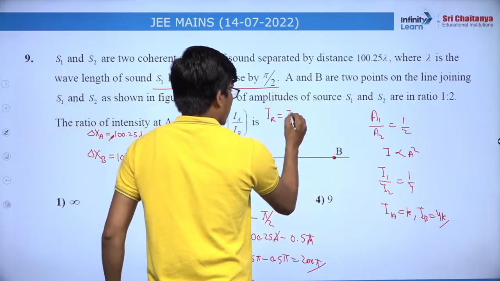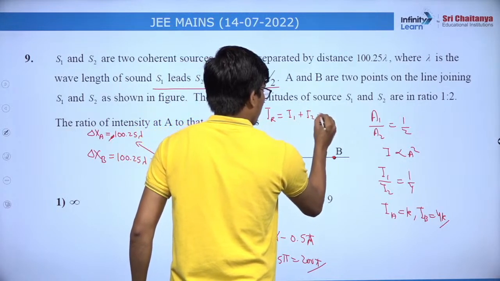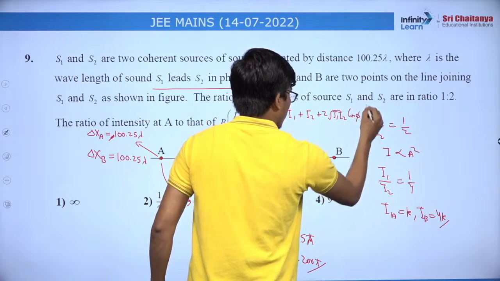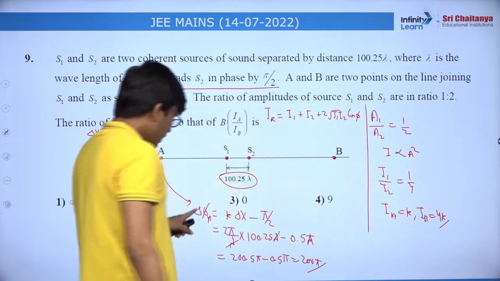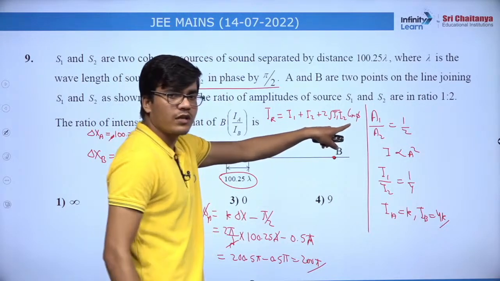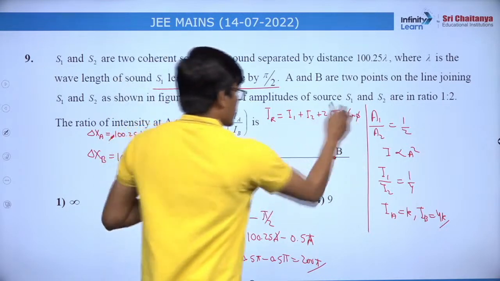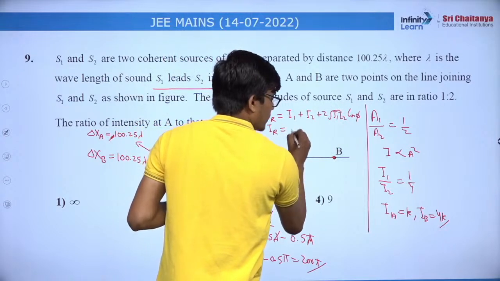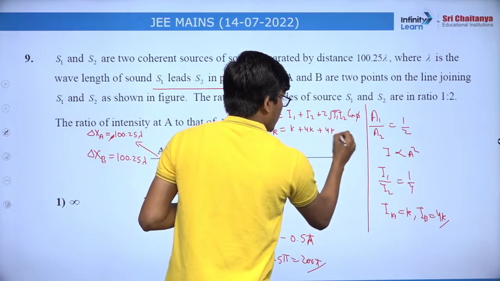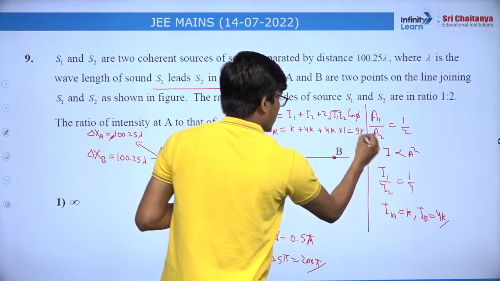Resultant intensity is given by I1 plus I2 plus 2 root I1 I2 into cos phi, right? So for point A, that phase difference is 200 pi. So just put 200 pi here, cos of even pi is plus 1. So if you put plus 1, I1 is K, I2 is 4K, and 2 root of 4K square is again 4K, and this is 1, so it will become 9K, right?